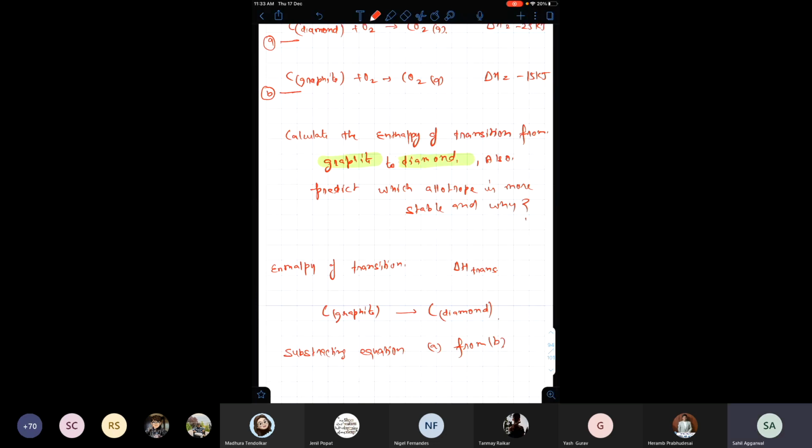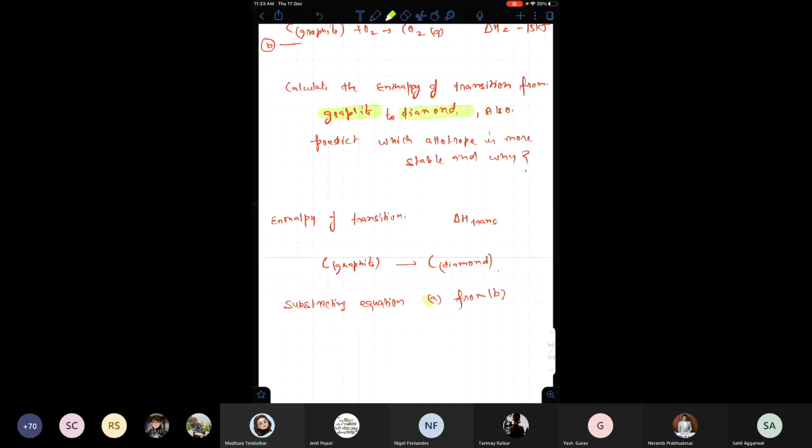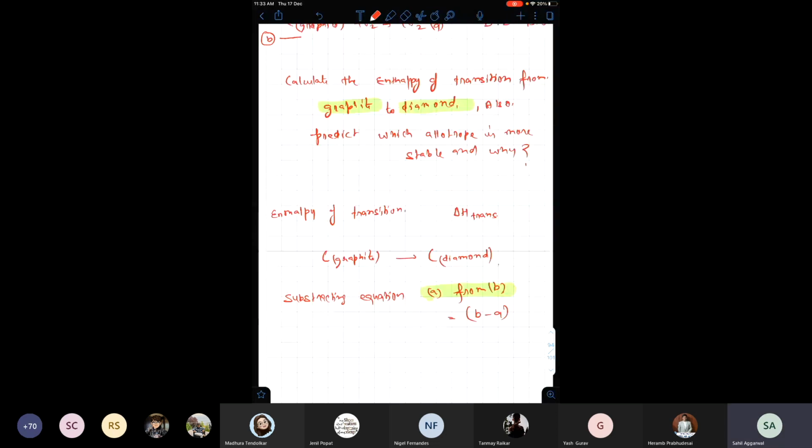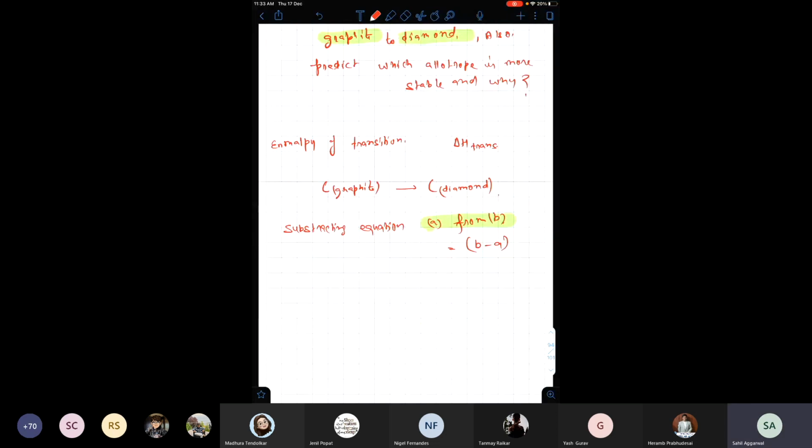Subtracting equation A from B. So delta H will be plus 10 kilojoule.